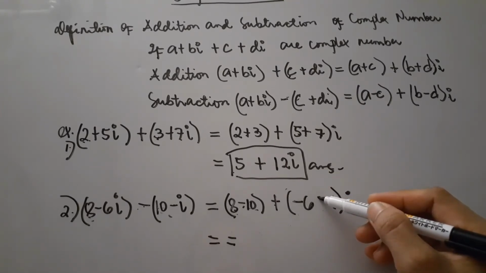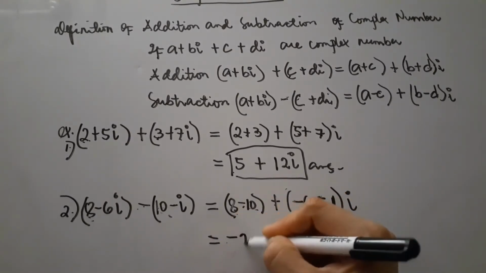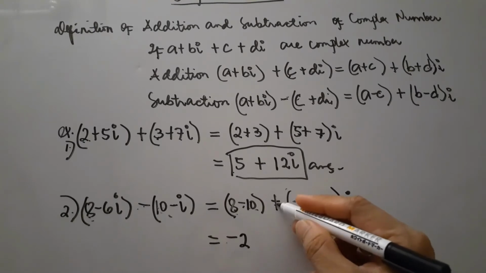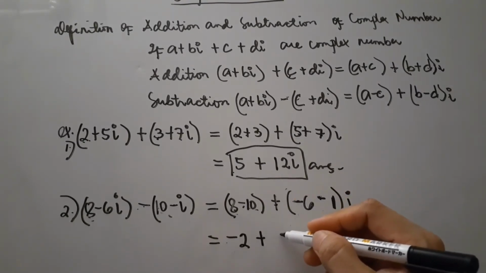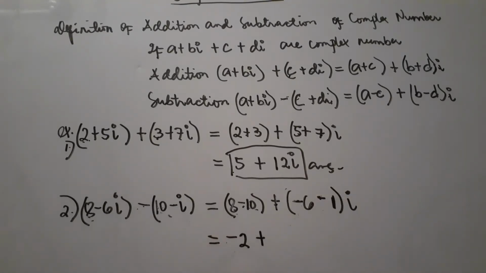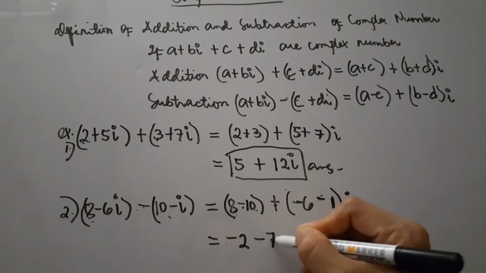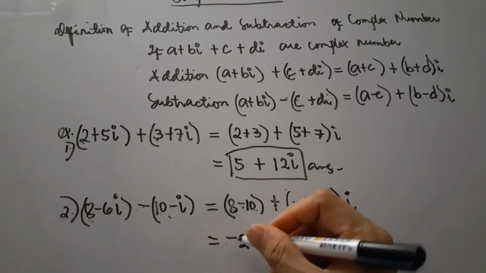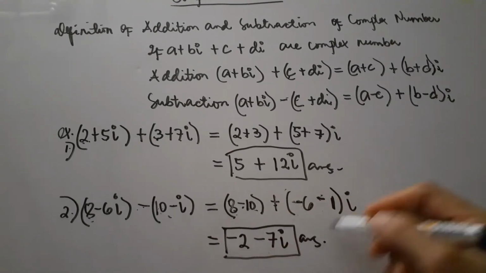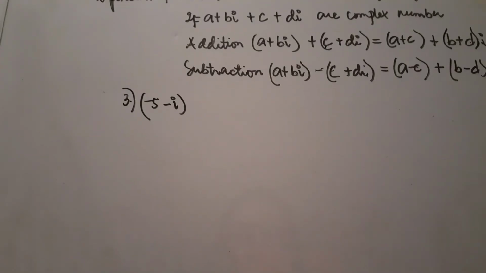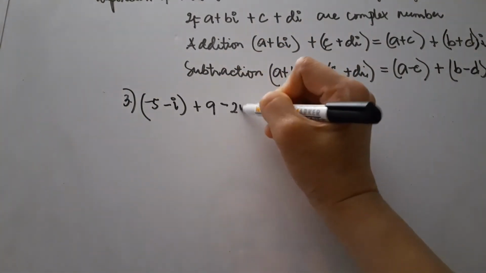Since this one is negative, we have to add. First we subtract 8 and negative 10, so we have negative 2. And then this one we have negative 7, so we have negative 7i, and it is written in the standard form, therefore the answer is negative 2 minus 7i.